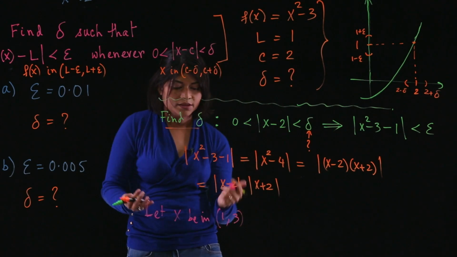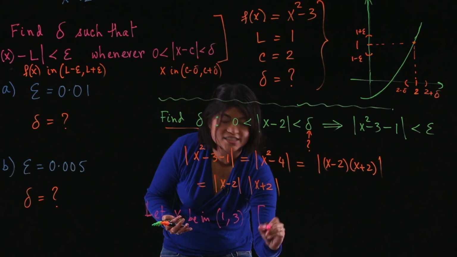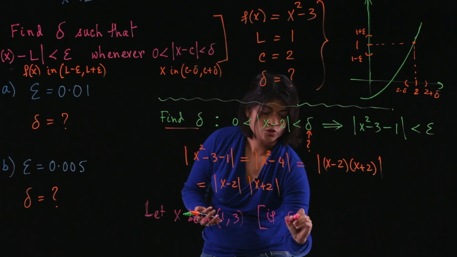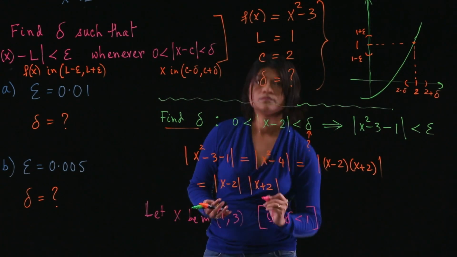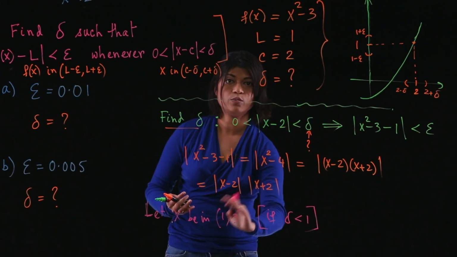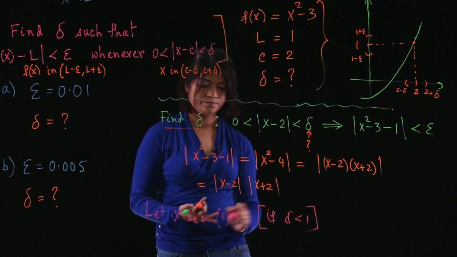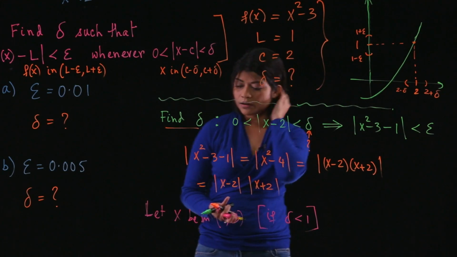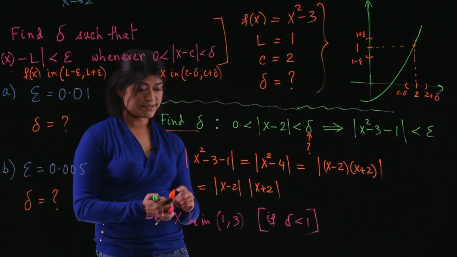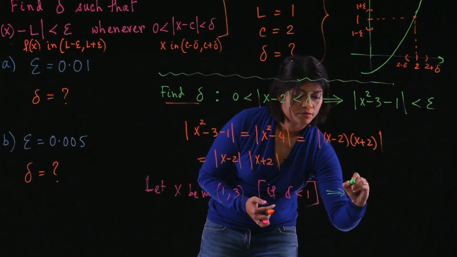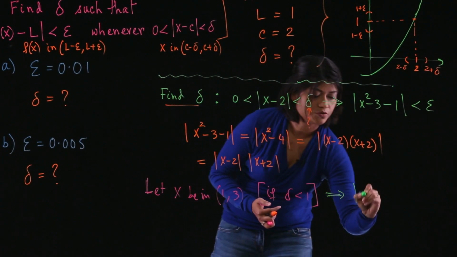So let's assume that. When we assume that, notice that this is possible if we make delta less than 1, right? Because 2 is in the center, we are assuming 1 to 3, so delta is less than 1. That's a value of delta that we have to consider. Okay, so if x is inside this interval, then what happens to this quantity x plus 2?